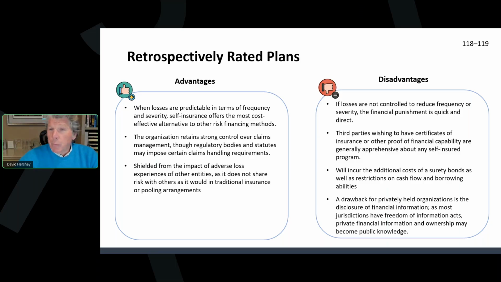Third parties wanting to have a certificate of insurance. So we're going to pony up with a fronting company, a Liberty Mutual, a Zurich, an AIG or something, and we pay them a fee to issue a certificate. That way the other party doesn't know. It's a drawback for privately held organizations because of the disclosure of financial information.